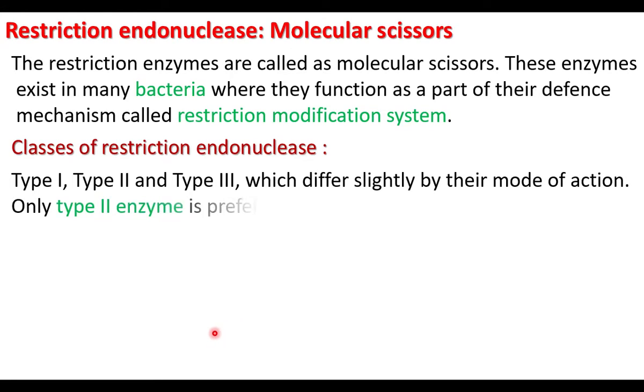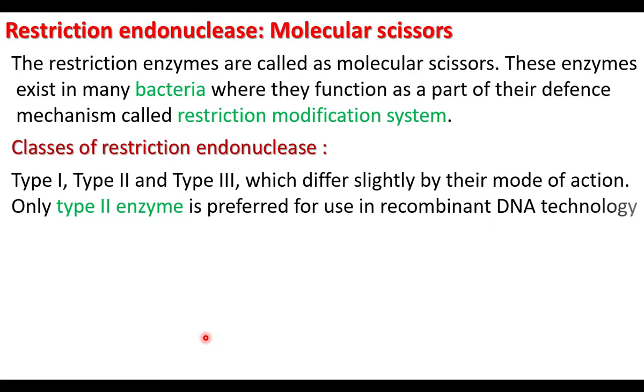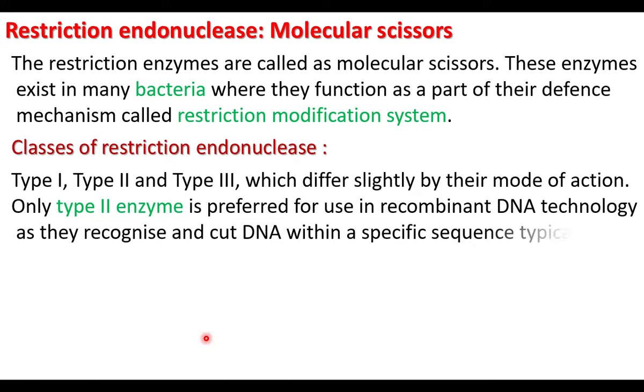Only type 2 enzyme is preferred for use in recombinant DNA technology, as they recognize and cut DNA within a specific sequence, typically consisting of 4 to 8 base pairs. The type 2 enzymes are preferred in genetic engineering because they recognize the DNA sequence of 4 to 8 base pairs.